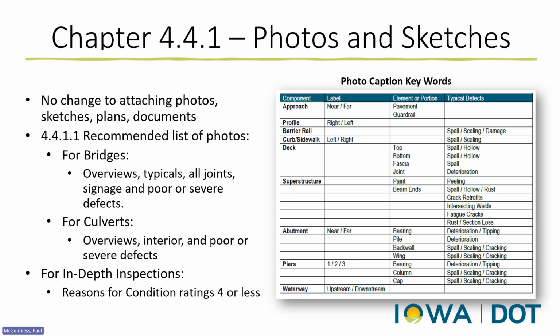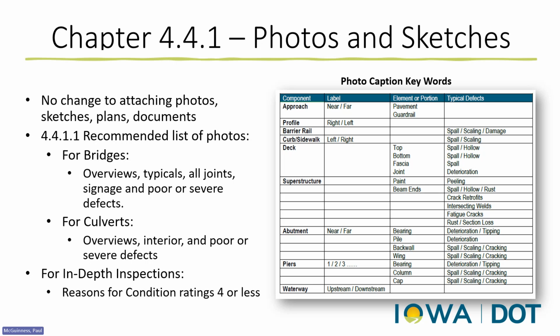But really no changes to how you attach photos, sketches, or plan documents that are required. But as we all know, improper posting of either weight or under clearance or obstructed signs, like Mike said earlier, the visibility gets rated good, fair, or poor. Well, you should have a photo of that, even if it's good visibility, to verify that the posting level is correct for that bridge or that approach.